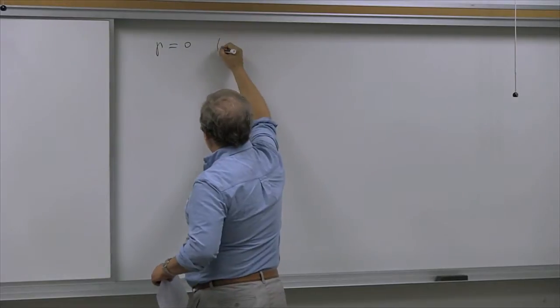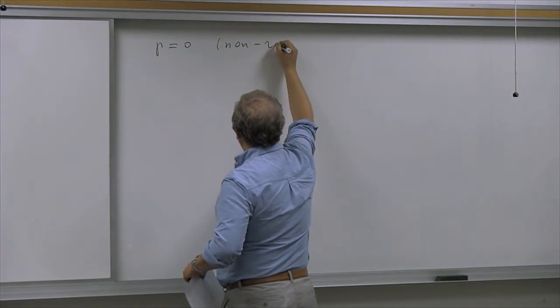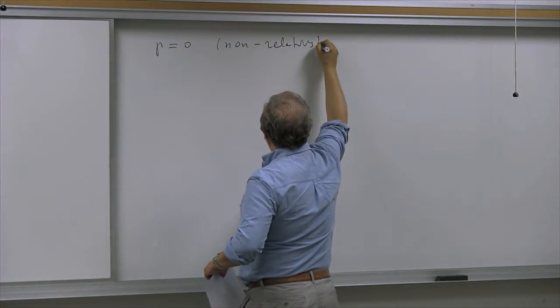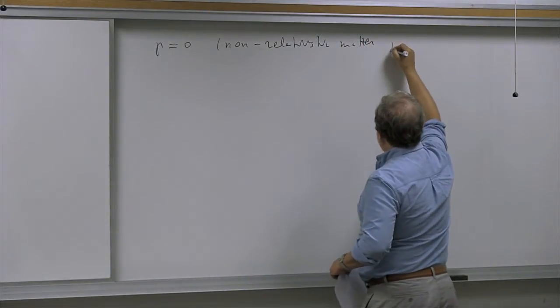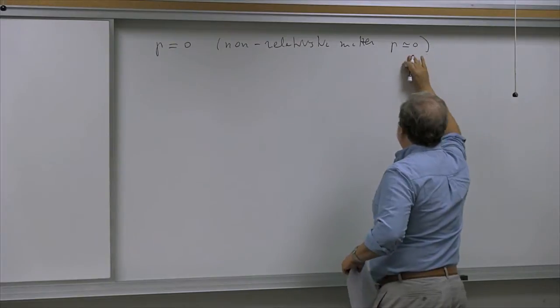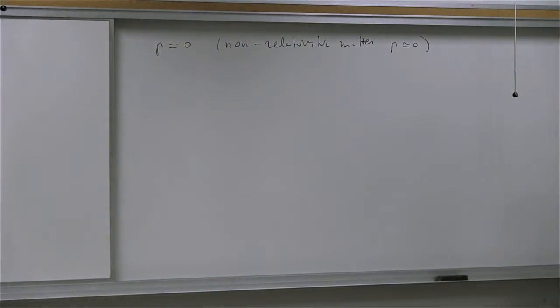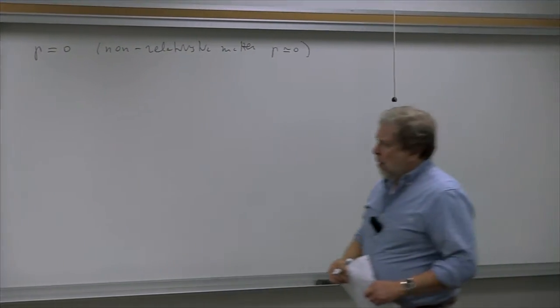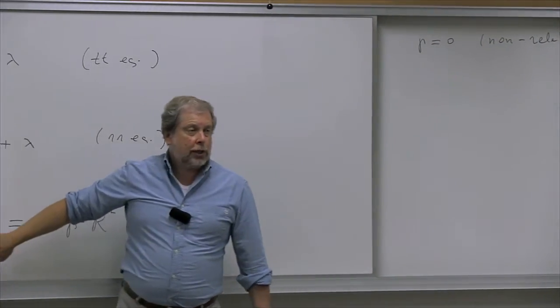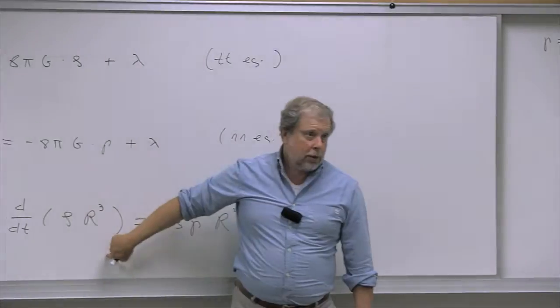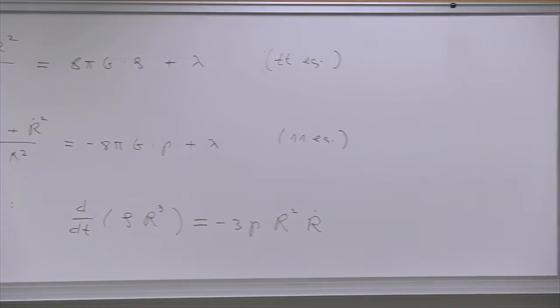So that essentially corresponds to non-relativistic matter. Non-relativistic matter has a pressure which is negligible, right? And so we'll set that to 0. And so that means that in the last equation, this term here is 0, right? So we just get that the time derivative of rho times r cubed is equal to 0.